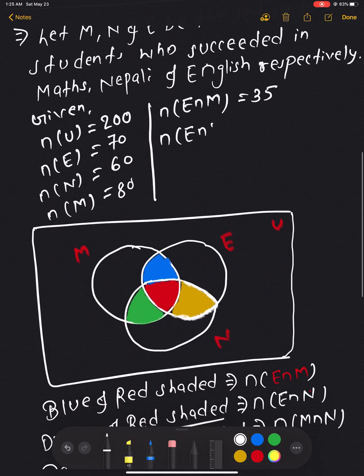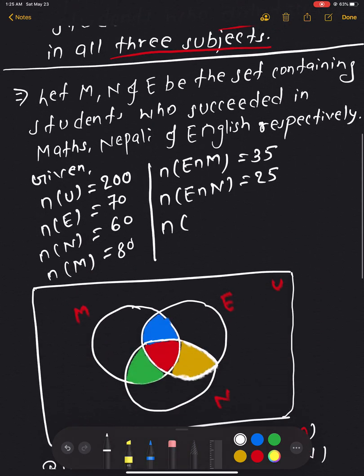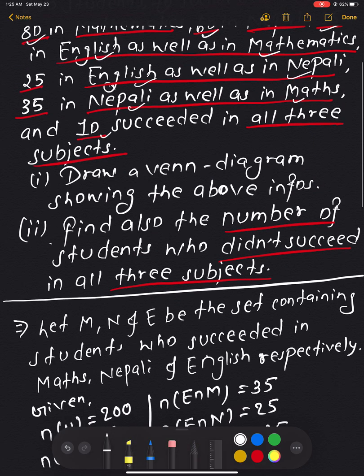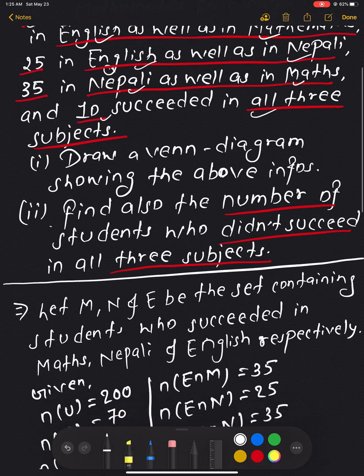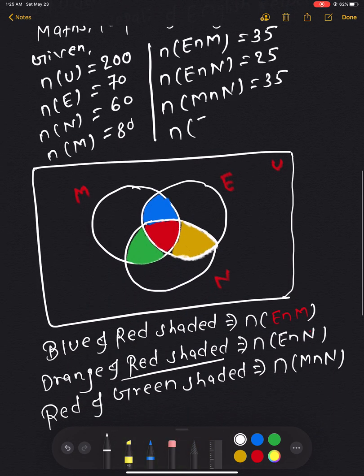English and Nepali is your 25, and it says that intersection of maths and Nepali is your 35. M and N is equal to 35, and intersection of all three sets, that means 10 succeeded in all three subjects, that is E and M and N is equal to 10.